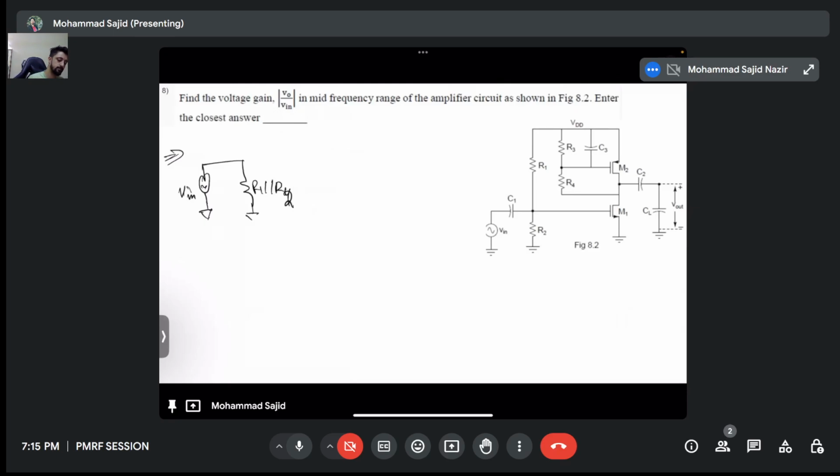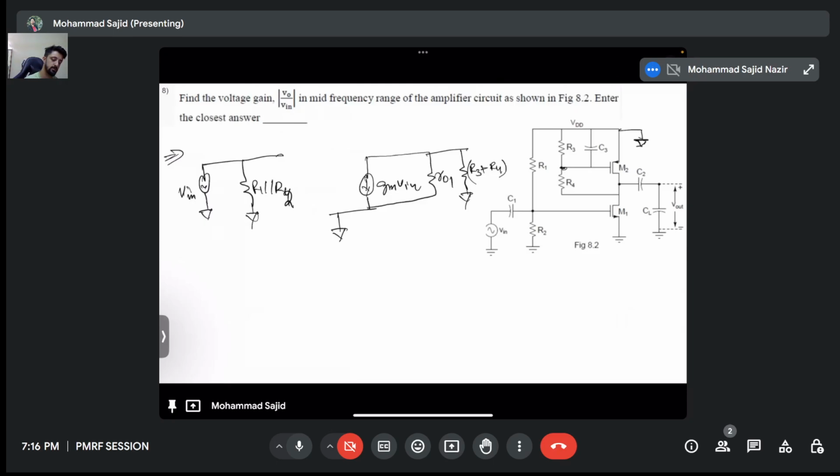R1 parallel R2, the answer first. Look here, this VDD will be grounded, and R3 and R4 will be in series.